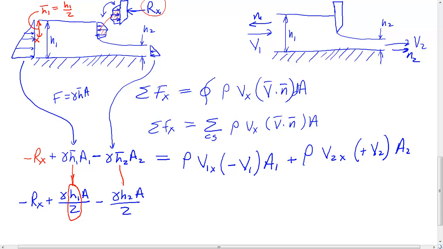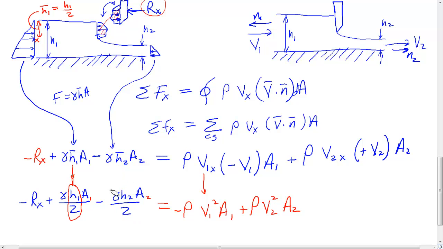And H bar 2 is in fact that. And I failed to put my subscripts there. But I'll complete this out. And since this term is nothing more than rho V1 squared A1 plus rho V2 squared A2. And that's it.